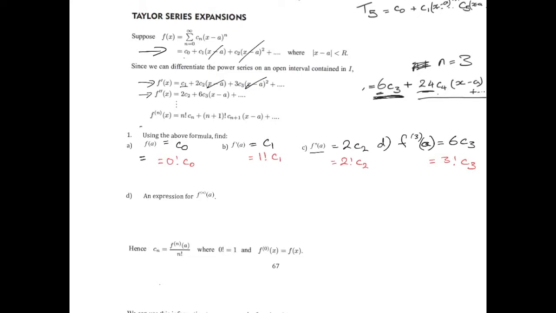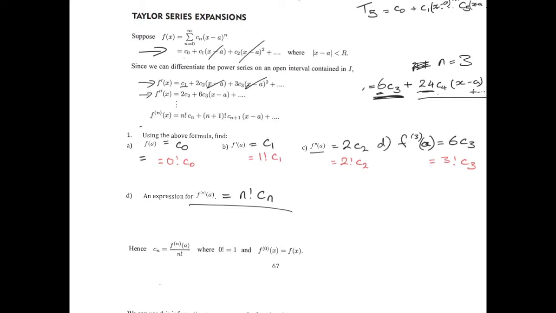Beautiful. So basically, the nth derivative of f at a equals n factorial Cn. So that's something that's very important. Is everything making sense?